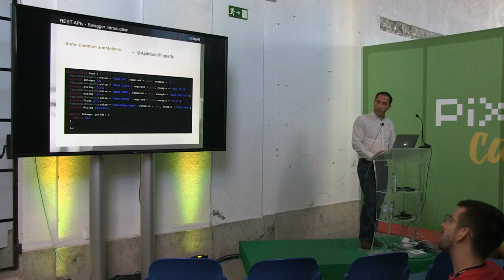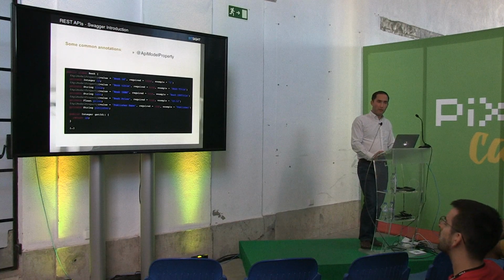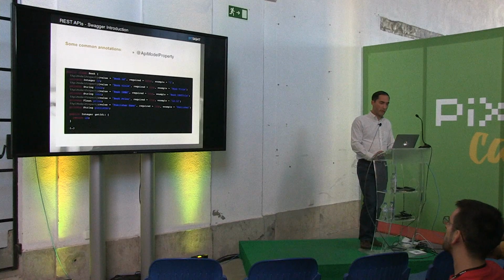So with these simple annotations, I can basically generate my own Swagger file. Doing a Maven package will produce the documentation of my project. It will generate my Swagger file with all the definitions and the information about the APIs, the methods, the parameters, what is required, what is not required. So basically, I'm ready to go and give it a try.